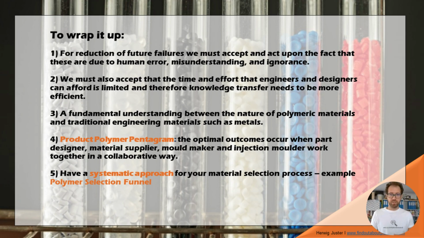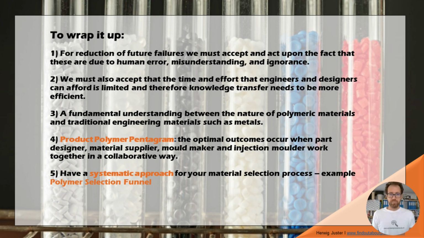Another important point is the fundamental understanding of the nature of polymeric materials compared to traditional engineering materials such as metals. There are quite some differences, and with these differences in mind, selection and part success will be much more likely. Also, we discussed the product polymer pentagram. The optimal outcome you will get is if you consider all 5 steps: not only material selection, but also part design, the mold design, the machine selection, and also the processing of the material itself into the final part.